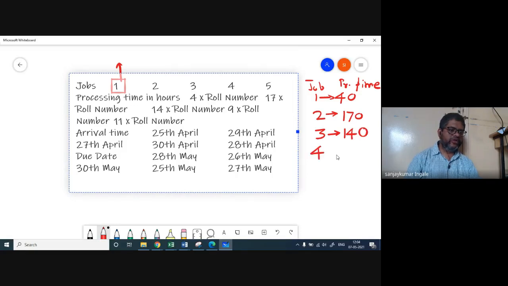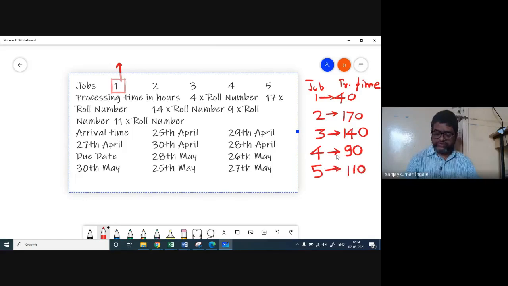Job number 4: 9, so 90. And job number 5: 11, so 110. These are the jobs and this is the processing time.